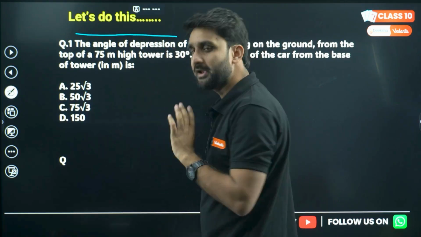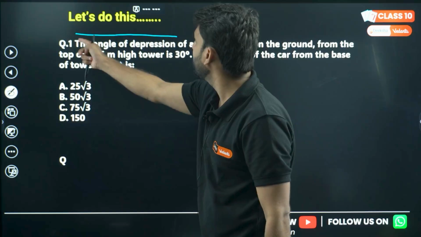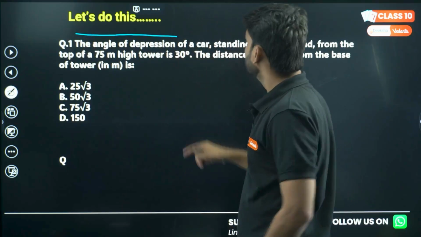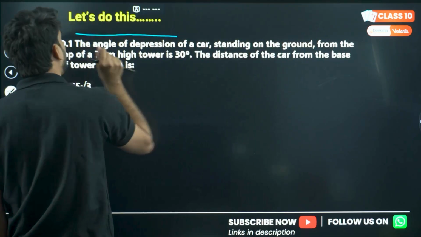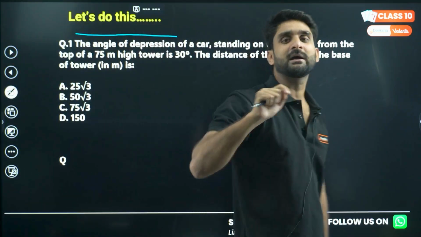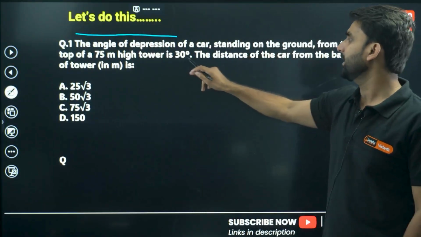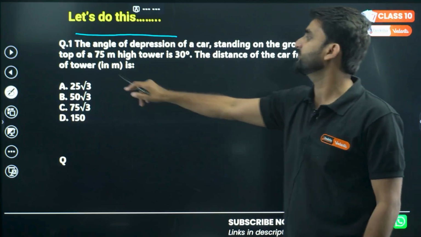The question says: the angle of depression of a car standing on the ground from the top of a 75-meter high tower is 30 degrees. Find the distance of the car from the base of the tower in meters.